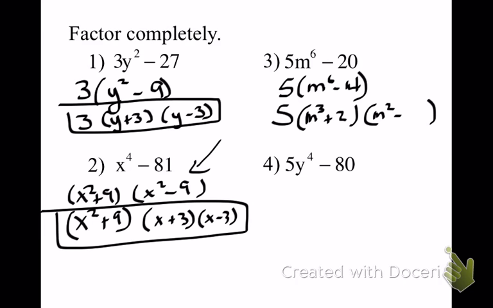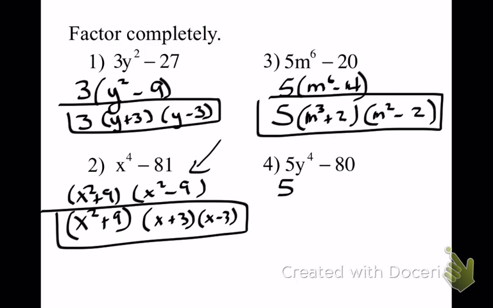And this is plus 2 minus 2. Now, note that m to the 3rd is not a perfect square because no number times itself would equal m to the 3rd. We can't break it down anymore. It has to be an even number up there, like m squared, m to the fourth. I could break them up into the next two. So we are done here.